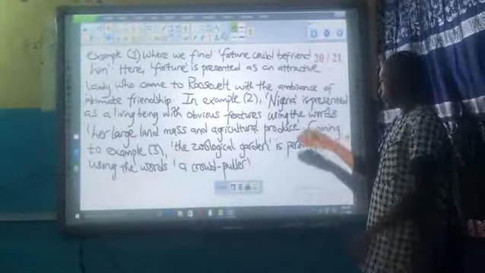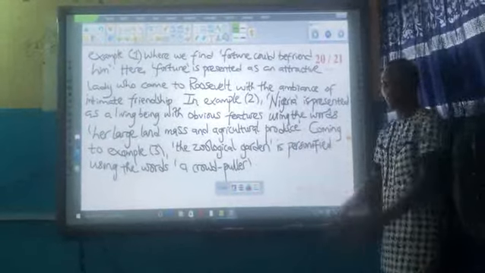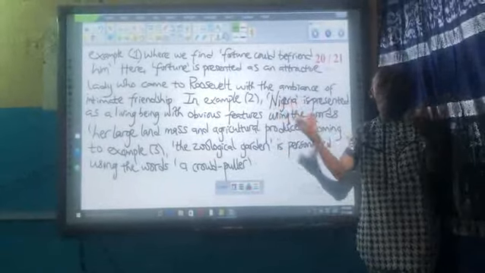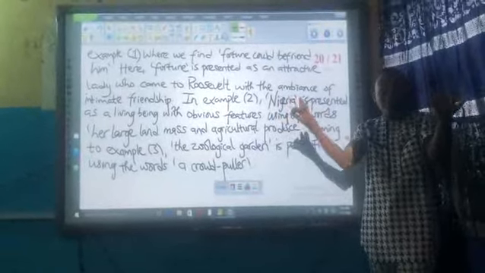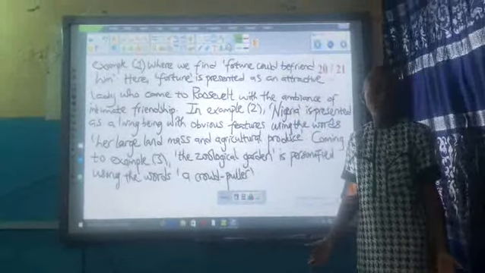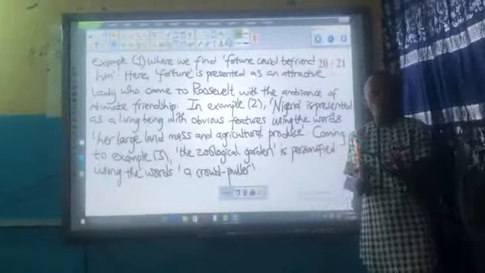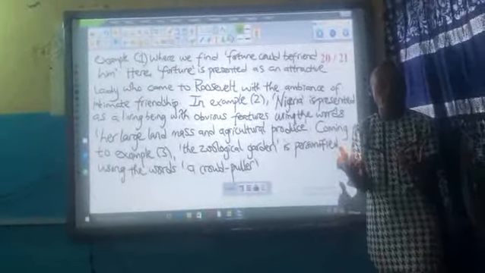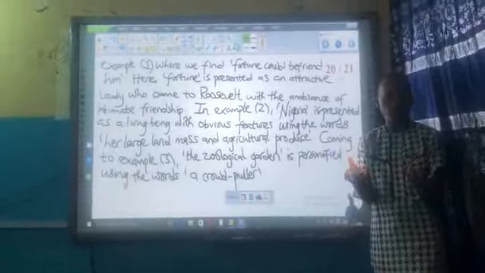But when you now say a crowd puller, look at it, bringing in the word "crowd puller" is what makes it specification. A crowd puller is one that attracts crowds. When someone is popular, automatically they are a crowd puller anywhere they go.